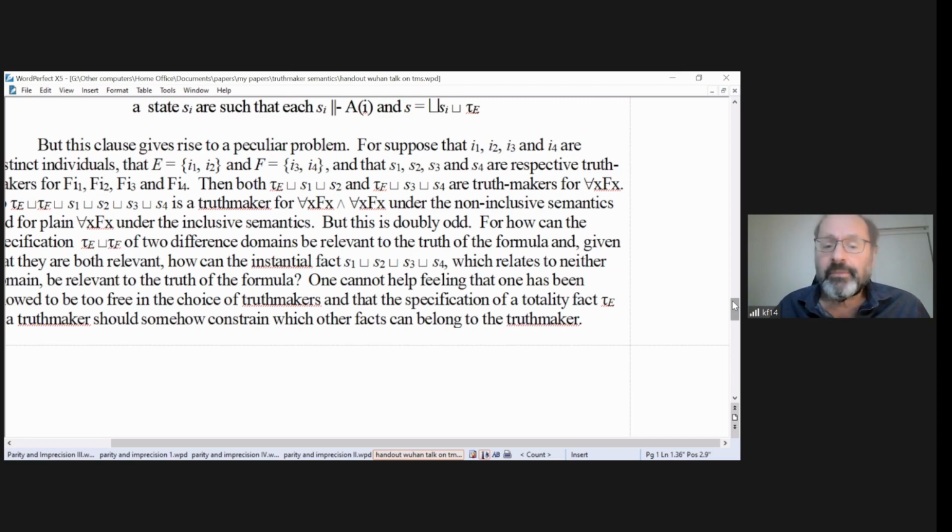Okay. And I'm pretty sure, I was just thinking about this morning, that if we have this more constrained semantics, in which these weird truth makers cannot exist, this is under the inclusive semantics, it's going to make no difference to the exact equivalence.